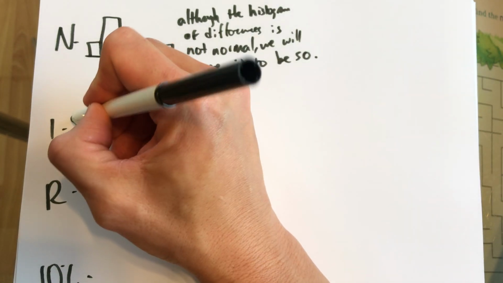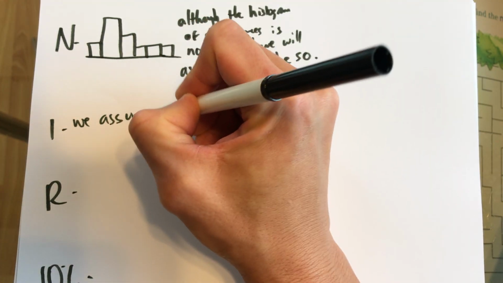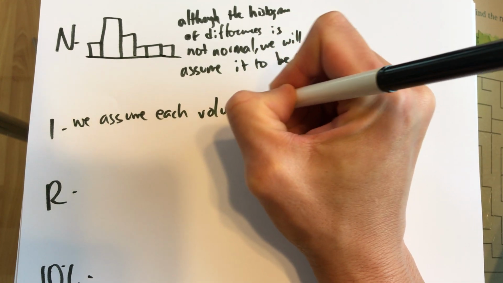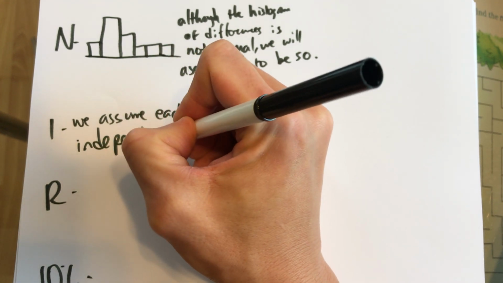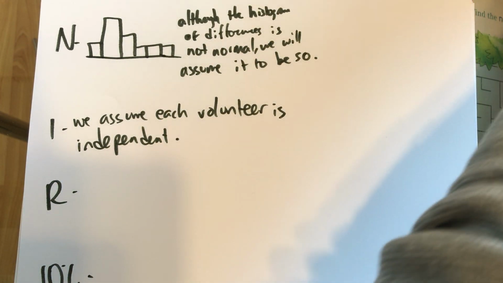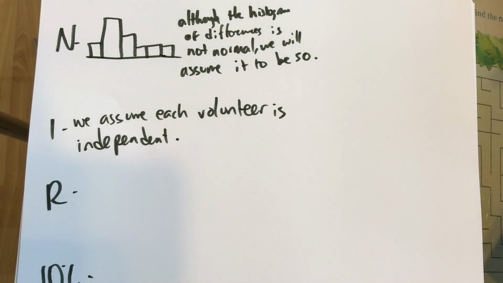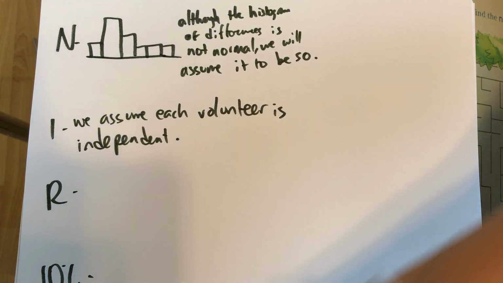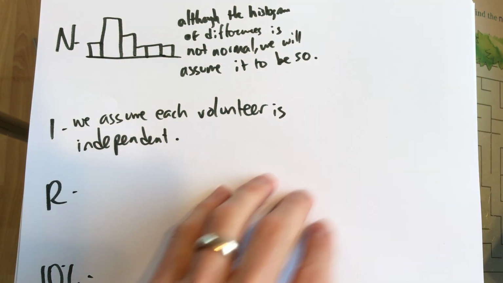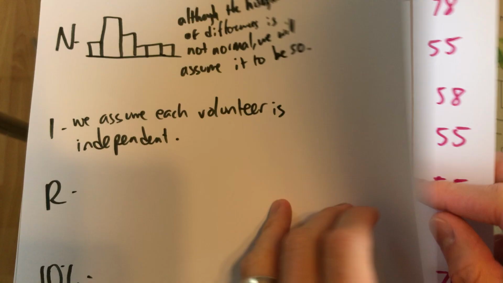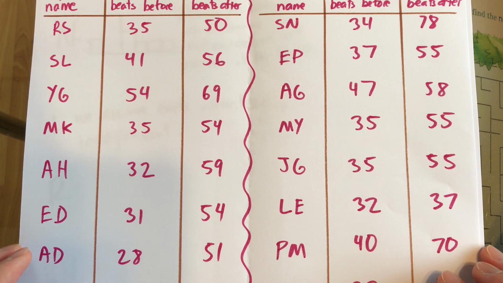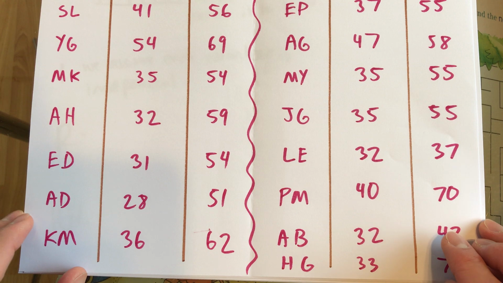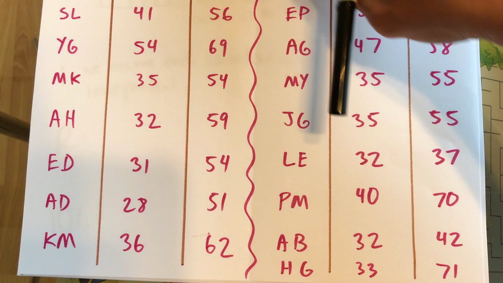Now independence right here, we assume each volunteer is independent. And in class, I noticed something interesting. If you look at the people who submitted their data, there's a higher number of females who submitted their data, which is understandable because we have a higher number of females in AP statistics.